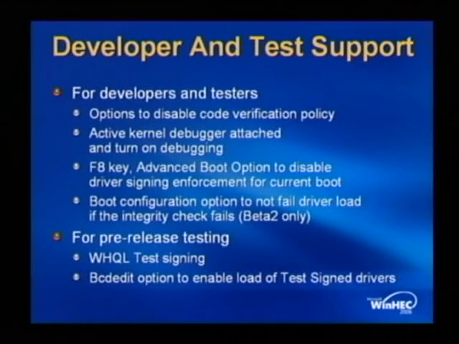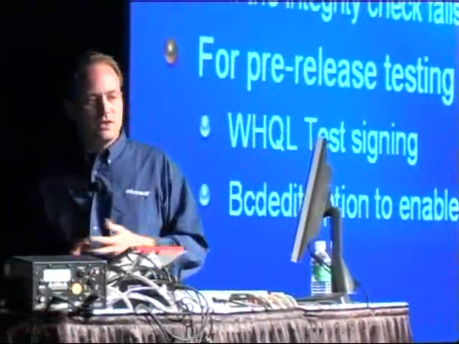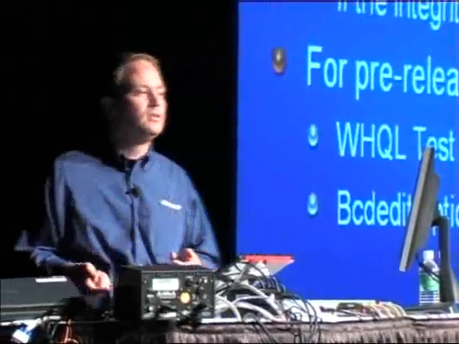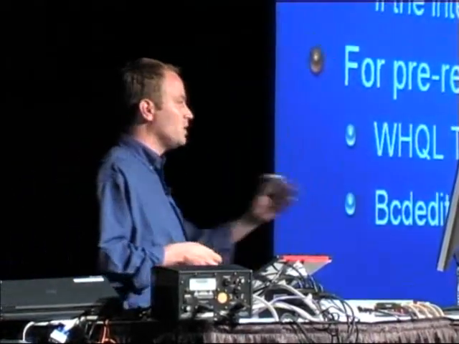In terms of developers, there are a couple of things that can help developers develop kernel mode binaries on Vista. First and foremost, we can use the kernel debugger. Second option is to use F8 and advanced boot options to disable the binary check when we load the OS.